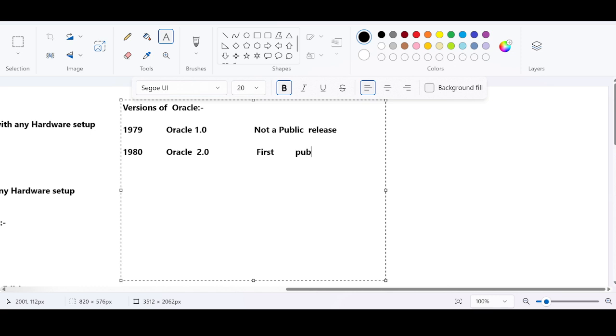The first public release, with basic SQL functionalities.